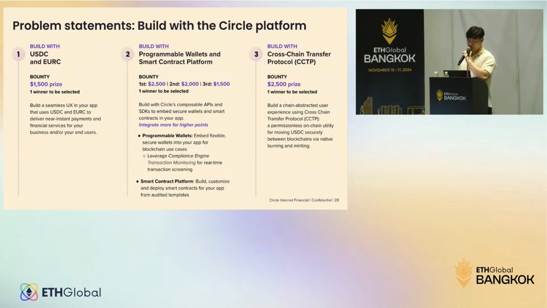The second is Programmable Wallets and Smart Contract Platform, and we encourage you to use both. The more of the tech stack you use, the higher the chance you stand of winning our respective prizes. We have 2.5K, 2K, and 1.5K to be given out.